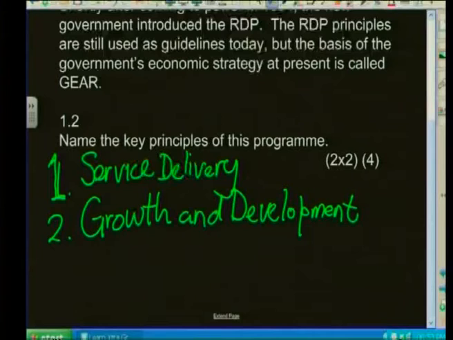This required a redistribution of wealth throughout the country, ensuring that all our people are gainfully employed into positions and ensuring that they become breadwinners within their families. These two are some of the key principles that you should be identifying in this question.